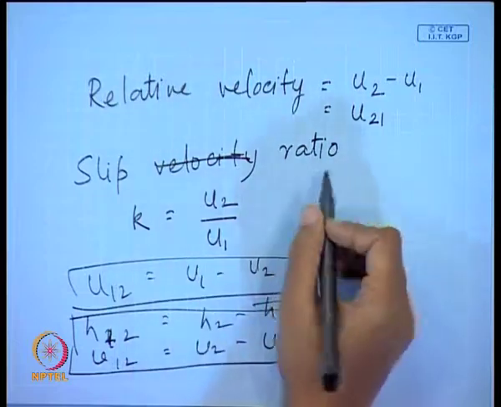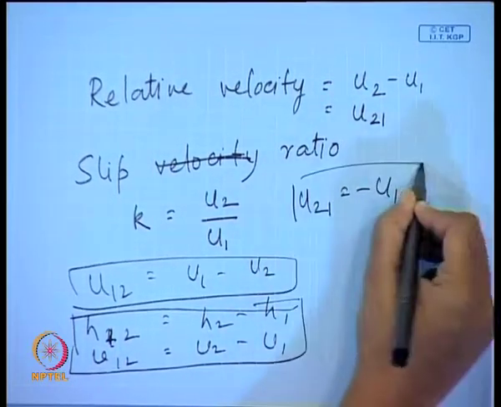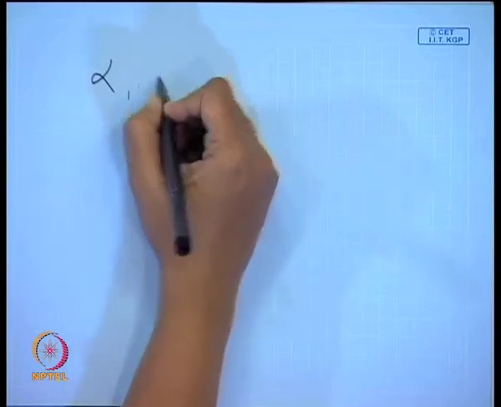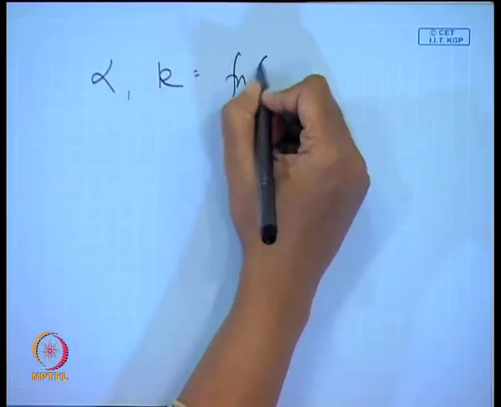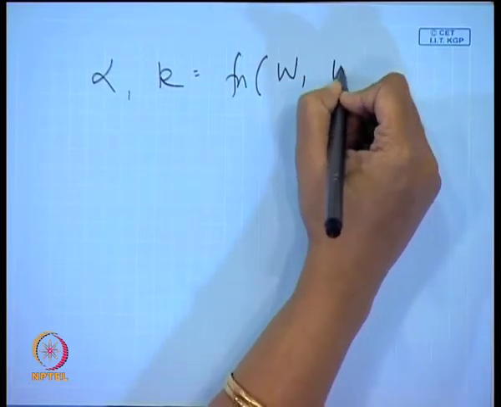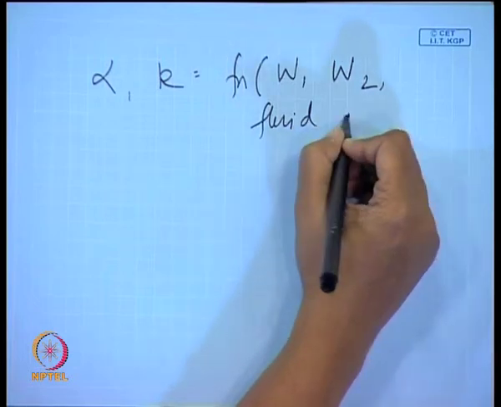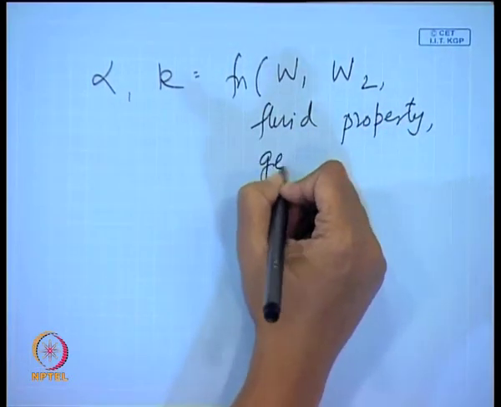And we already know that u21 equals minus u12. This also you know, and remember one thing, both alpha as well as K, the slip ratio, are functions of W1, W2, fluid property as well as conduit geometry.